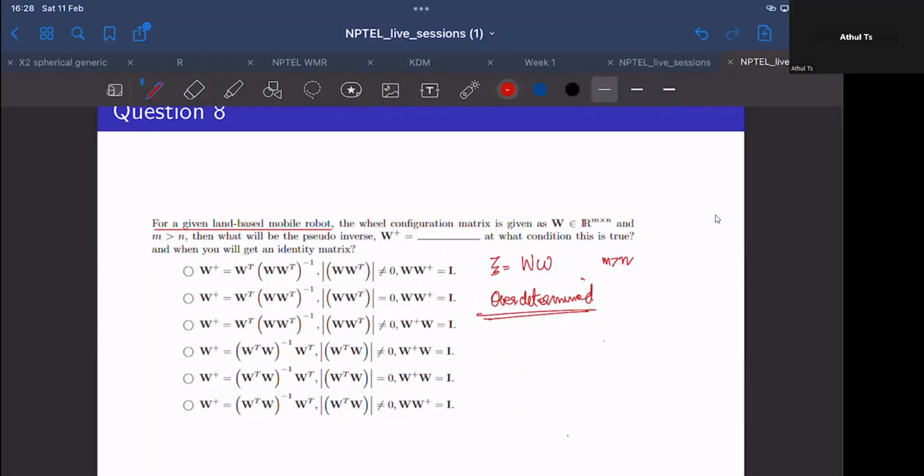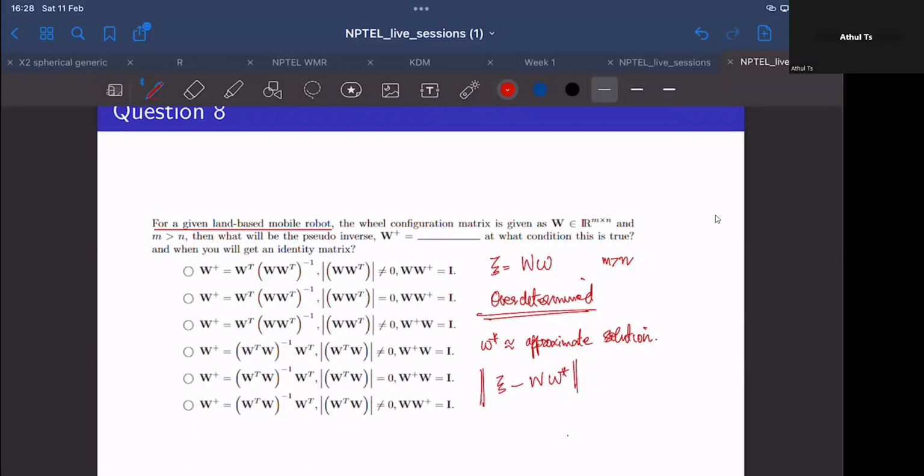As I have already said, there are no solutions, but there is a shortcut for this. We can find an approximate solution, omega star, such that the error between zeta minus W omega star is minimal.